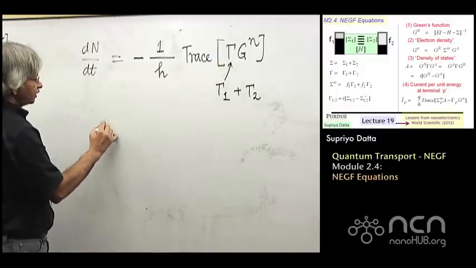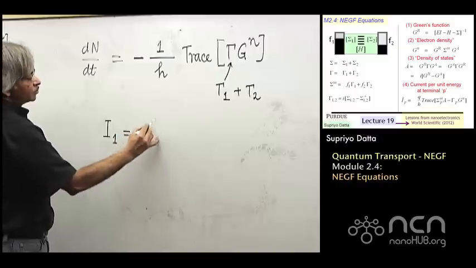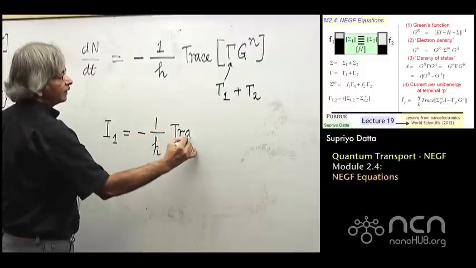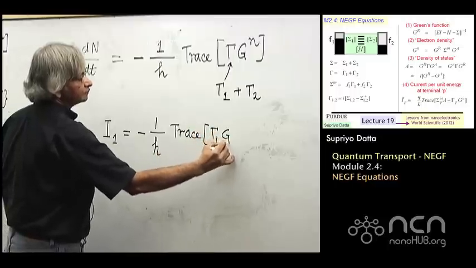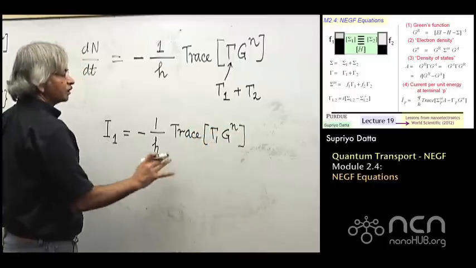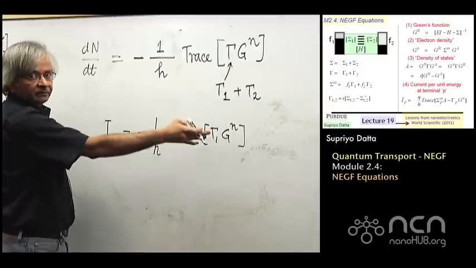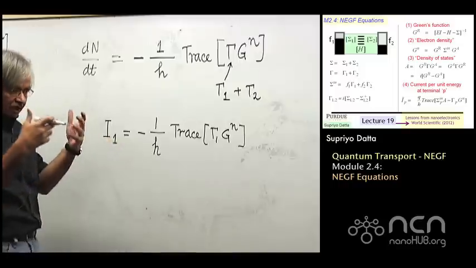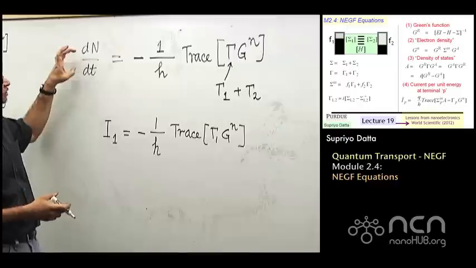If you wanted contact 1 current, you take minus 1 over h trace of gamma 1 Gn. And if you wanted contact 2, you'd put trace of gamma 2 Gn. And when you add the two, it's I1 plus I2.